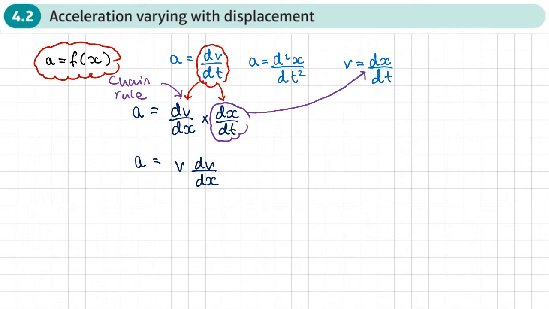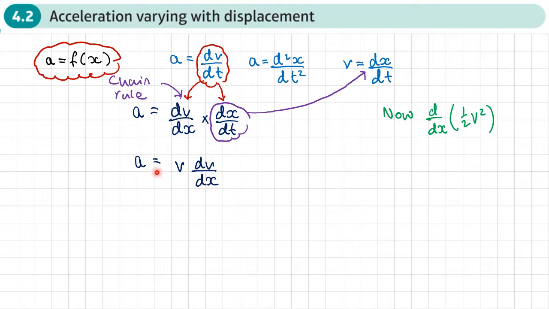Now we're going to do a little bit of side working over here, and let's do that in green. We're going to see what happens when we differentiate half v squared with respect to x. We're going to be doing this because it's going to be useful for the rest of our working.